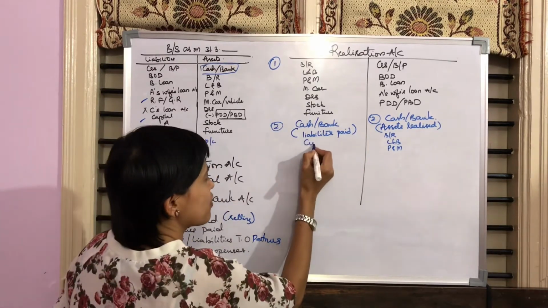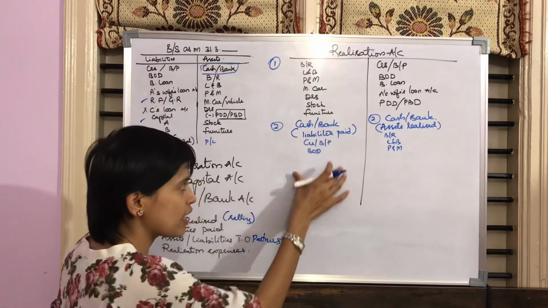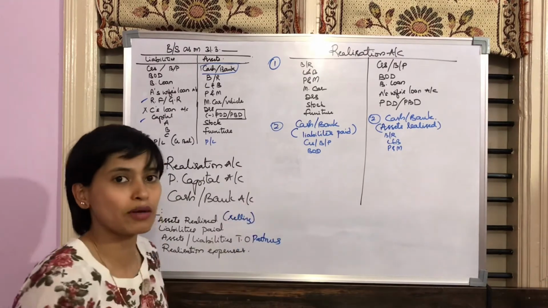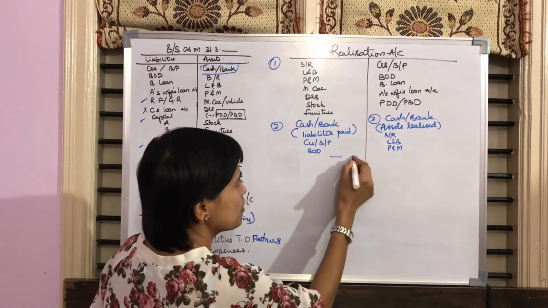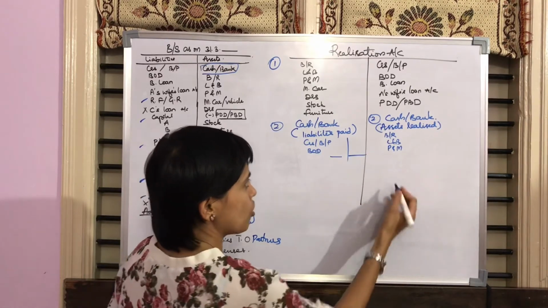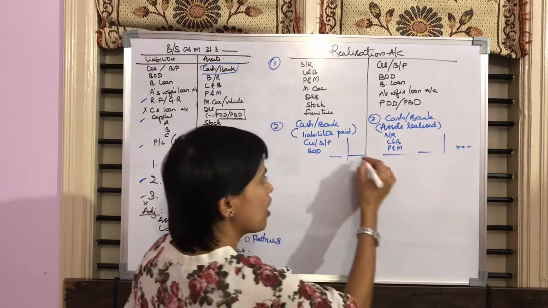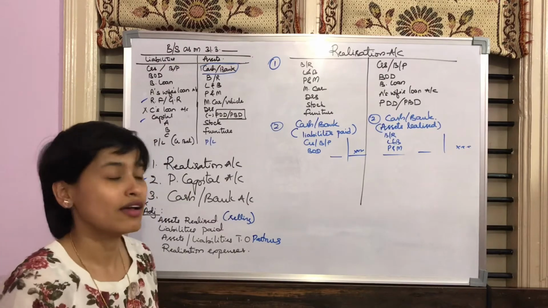For example, we have creditors, bills payable, bank overdraft. Likewise, you will write the rest of the items. So this is with respect to step number 2. Find out the final amount: make a total of all these things and write the final amount in the outer column. Now you have step number 3.